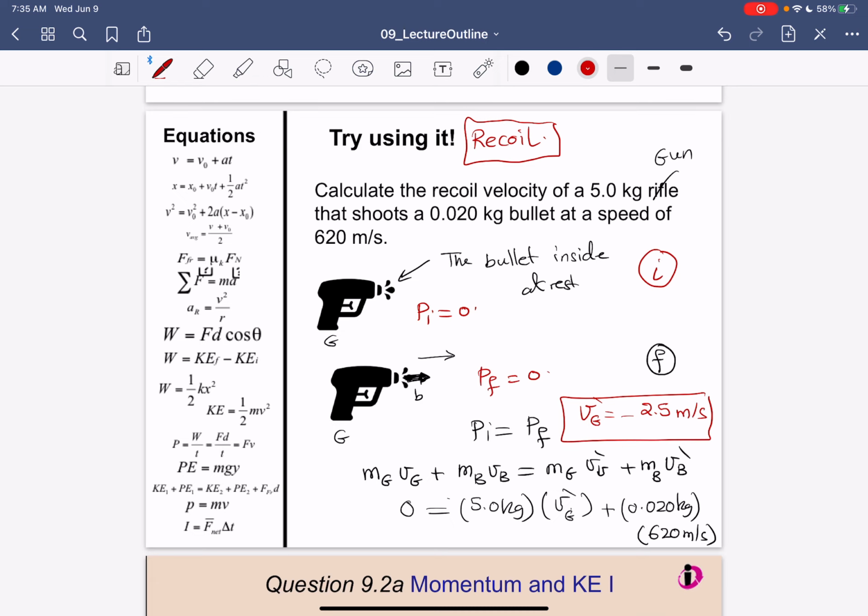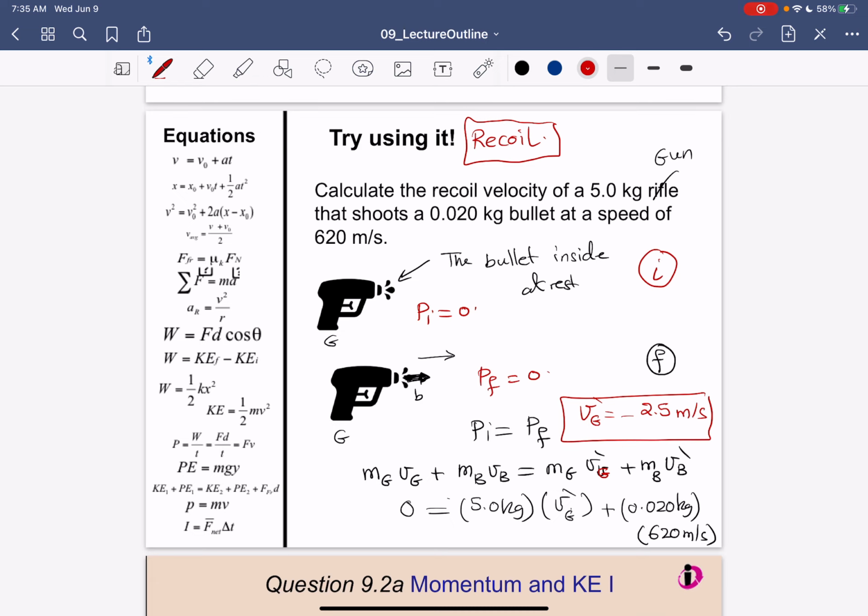Then I can apply P initial equals P final: m for the gun times v for the gun, plus mass of the bullet times v for the bullet, equals m for the gun times Vg prime plus mass of the bullet times Vb prime.